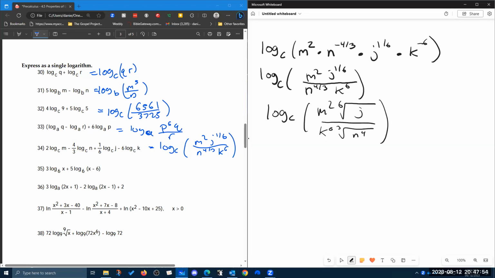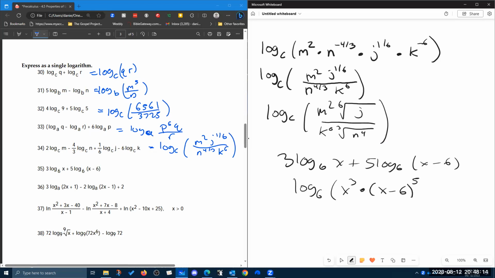35 is 3 log base 6 of x plus 5 log base 6 of x minus 6. So that's going to be log base 6 of x to the 3rd times x minus 6 to the 5th.